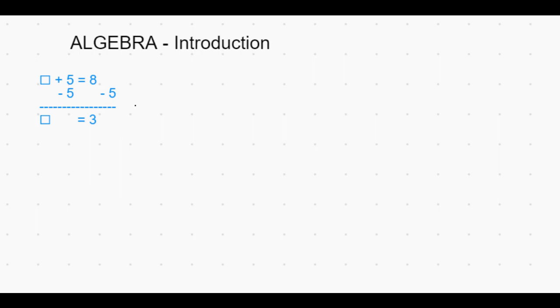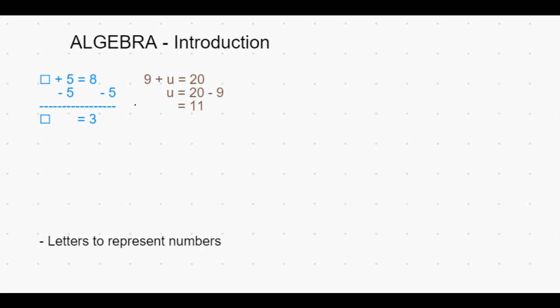Instead of a box, now can we assume another letter that represents the number? For example, 9 plus u is equal to 20. So we do the same thing. We subtract 9 from either sides. So u is equal to 20 minus 9, which is equal to 11. So the first thing in algebra, we use letters to represent numbers.